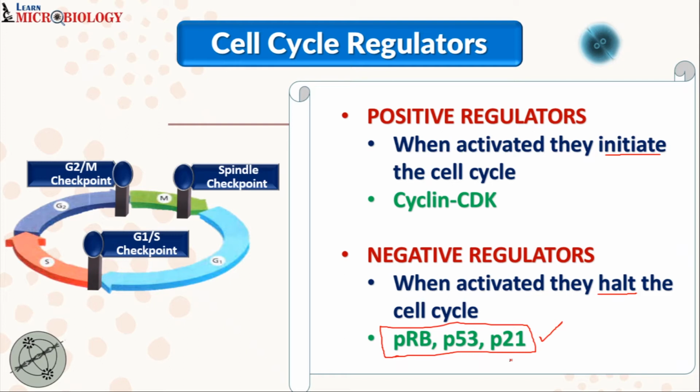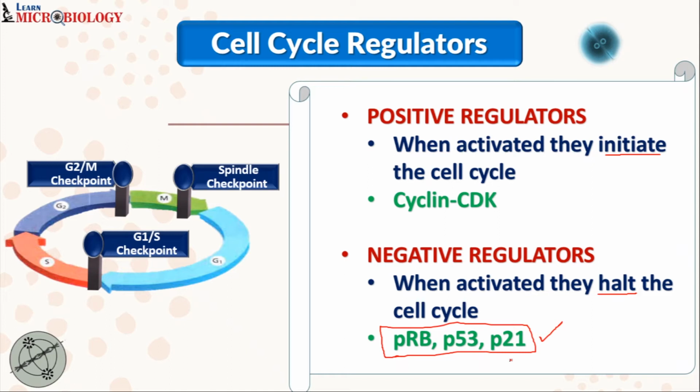So it is understood that these three proteins which used to halt the cell cycle are not halting the cell cycle, means there is a mutation in these genes, and because of the mutation in these particular genes, tumor has resulted. Hence, these genes are called as tumor suppressor genes, and if they get mutated, they will lead to tumor or cancer.